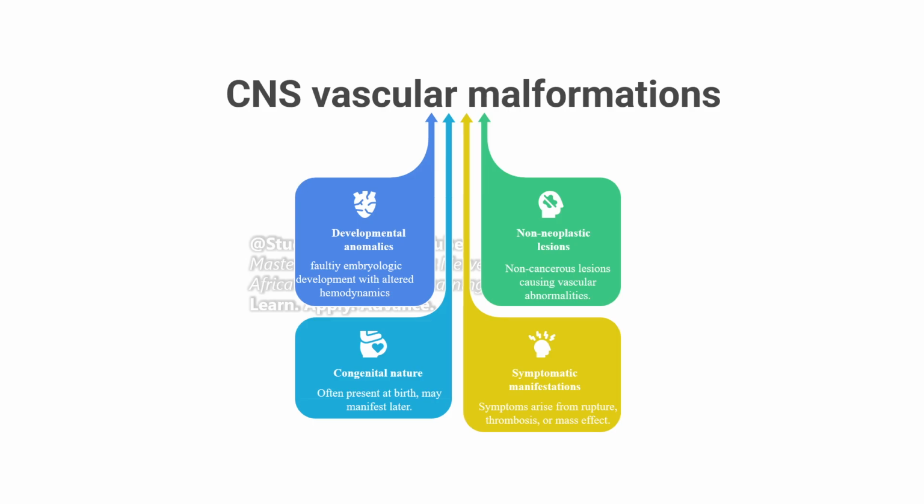They are congenital anomalies of blood vessels in the brain or spinal cord, involving arteries, veins, or capillaries. Though often asymptomatic, they may cause symptoms later due to rupture, thrombosis, or mass effect.